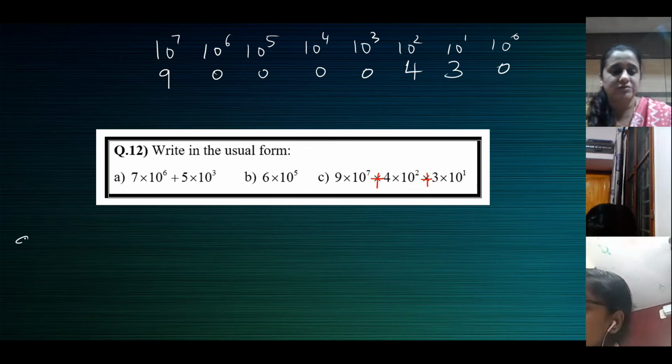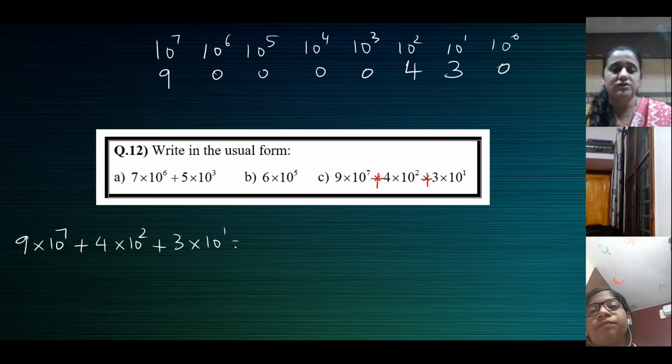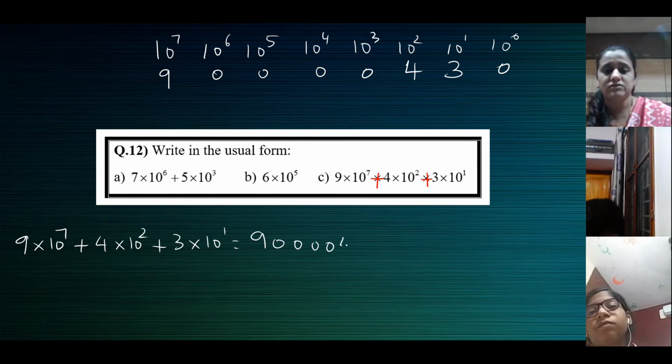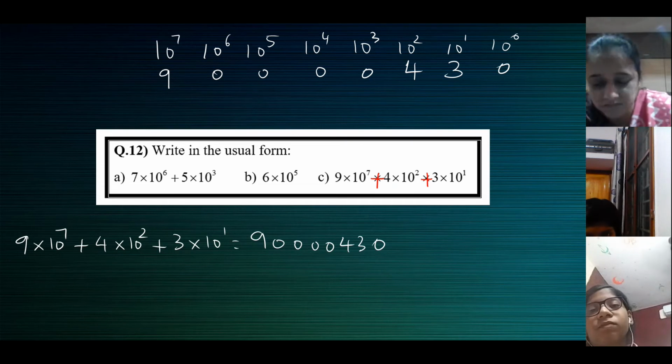So the expression 9 into 10 to the power 7 plus 4 into 10 square plus 3 into 10 to the power 1 is equal to 9 followed by 1, 2, 3, 4 zeros. All right, children? Yes, ma'am.